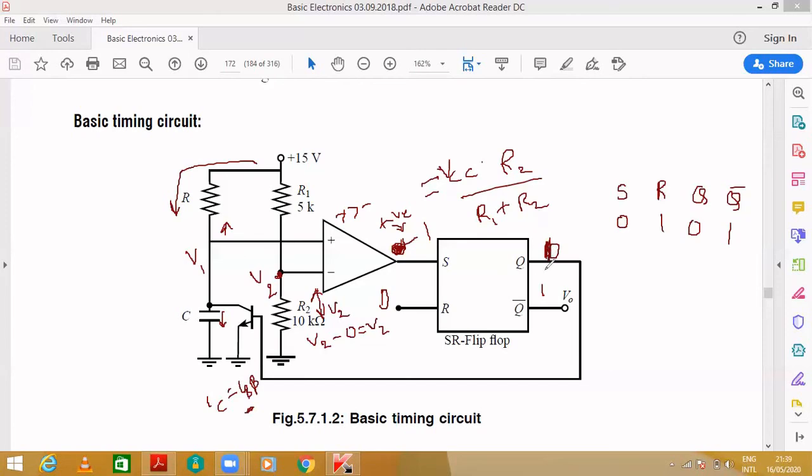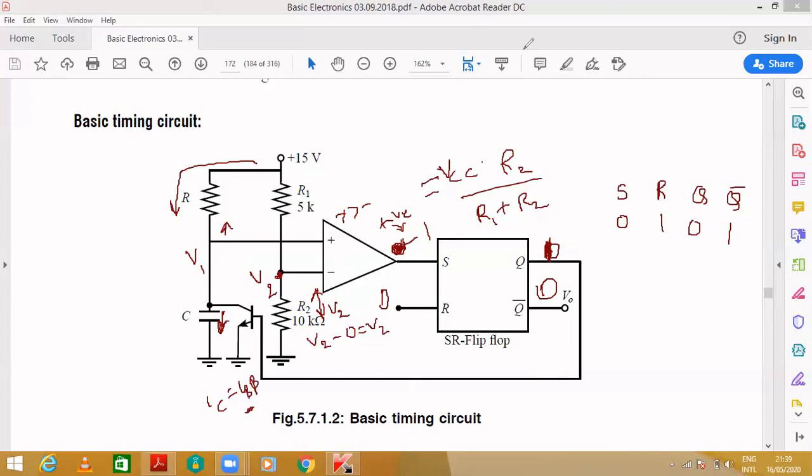When the output is 1, Q bar will be 0. Again the transistor is switched on, so the base current increases, the collector current also increases, and the capacitor starts discharging to the ground. Again this point becomes less, and it just continues.